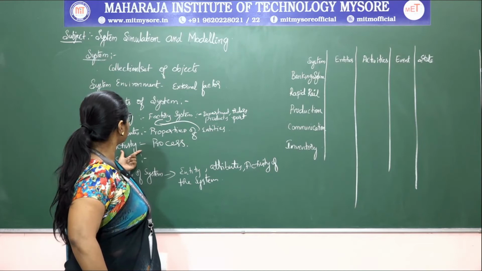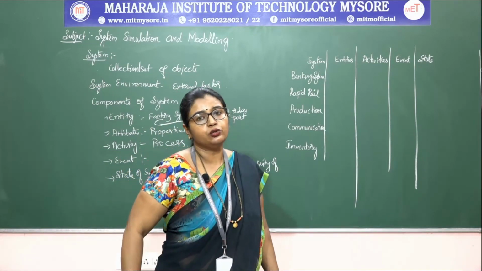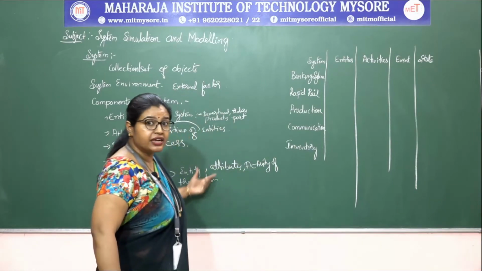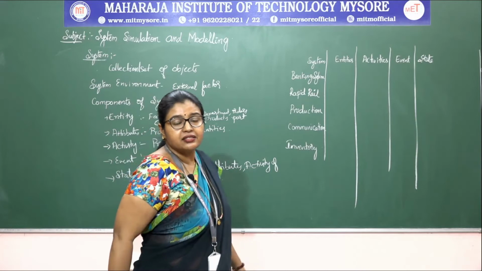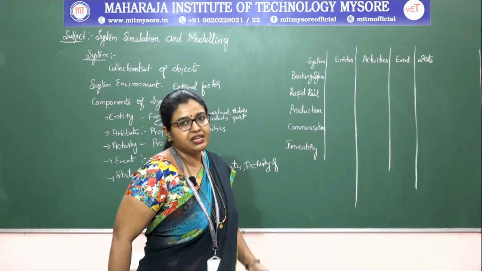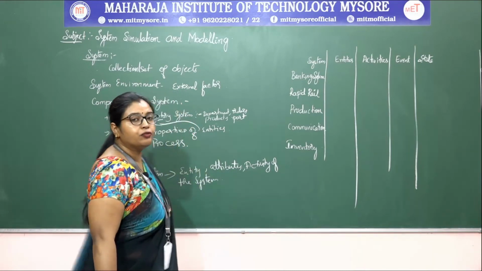Next, the activity: the process, what kind of process we are going to do, which changes the state of the system. And then the event, an instantaneous occurrence that can change the state of the system at a particular point of time. And then the state of the system.